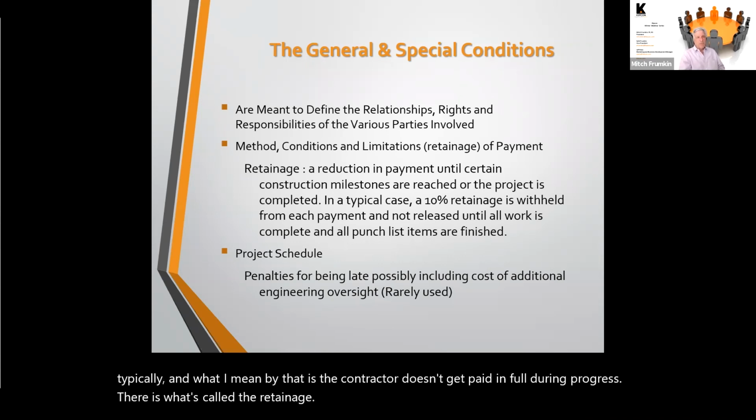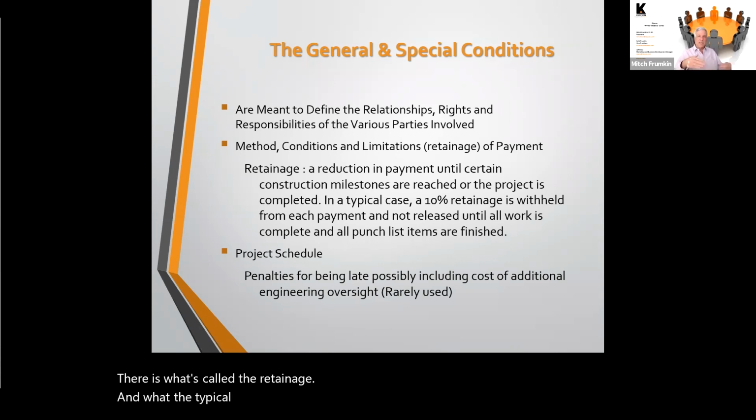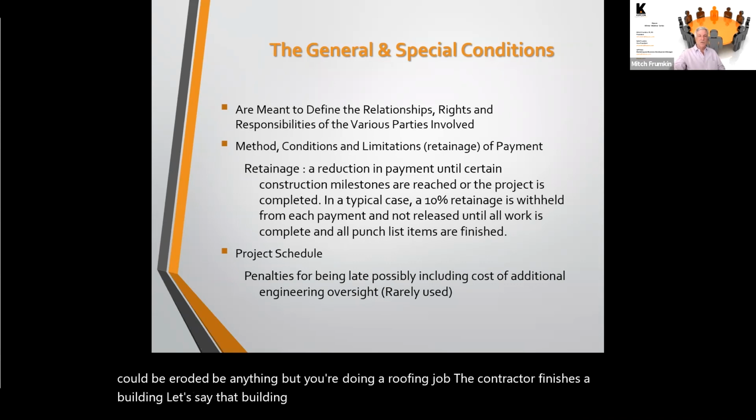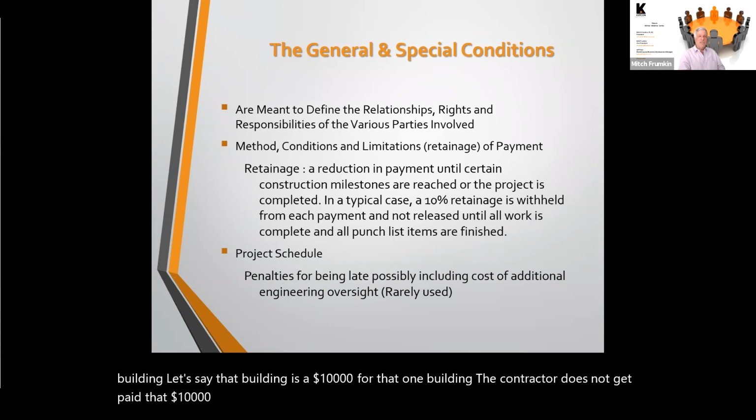The typical model is, let's say we're doing a roofing job, just as an example, it could be a road, it could be anything. The contractor finishes a building. Let's say that building is $10,000 for that one building. The contractor does not get paid that $10,000 immediately at completion. They get paid, let's say 90% of it is the typical model, with 10% of that cost being held back.